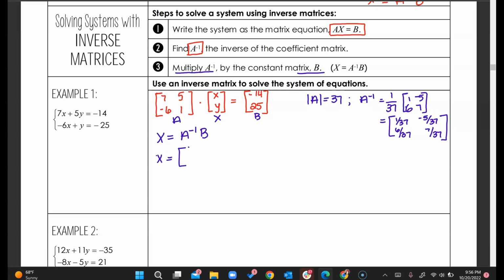We're going to have 1 over 37, 6 over 37, -5 over 37, 7 over 37. And then that's going to be multiplied by -14, 25. I'm going to pause right here for you to multiply this matrix.